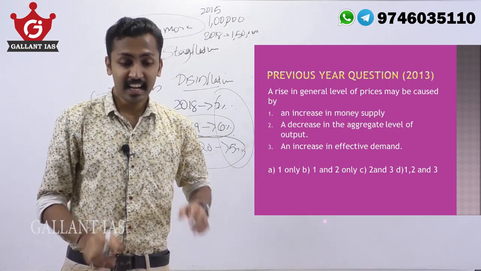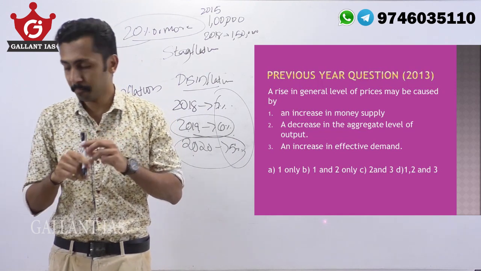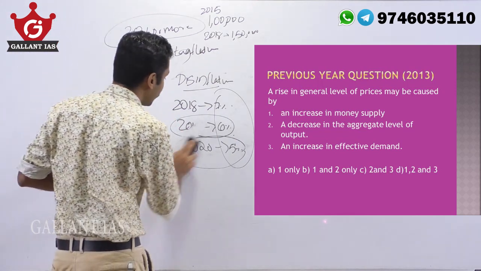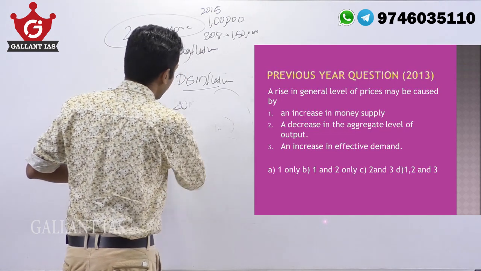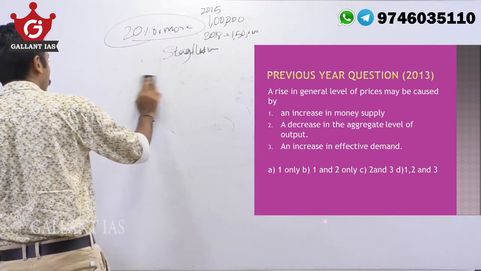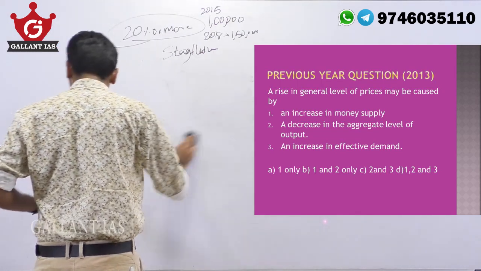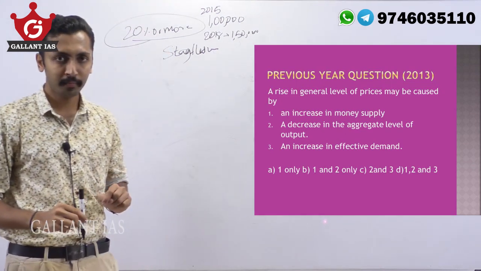Next, a rise in general level of prices may be caused by which of the following? A rise in the general level of prices is known as inflation. What are the causes of inflation? Excessive demand over supply. An increase in money supply.